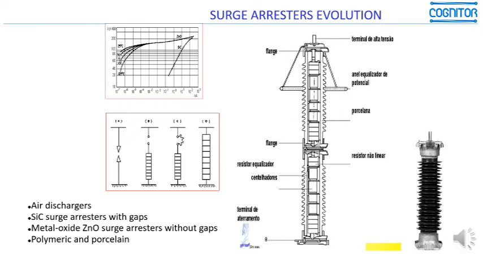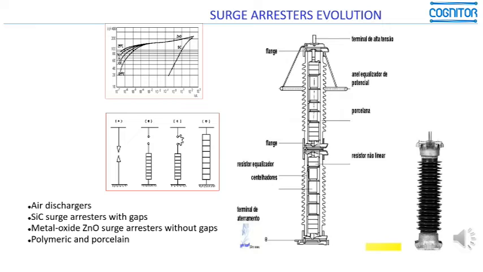Nowadays, such arresters, which as we see in the right side of this figure had an enclosure made of porcelain, are practically replaced by arresters which use polymeric materials in the cover of the internal parts.